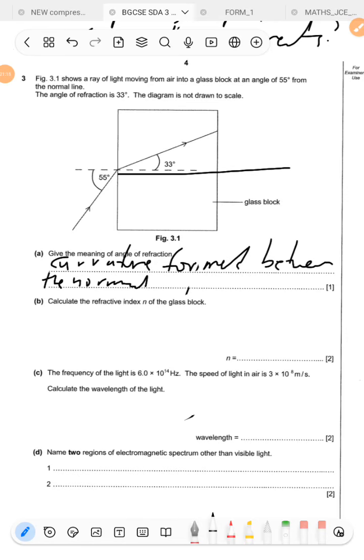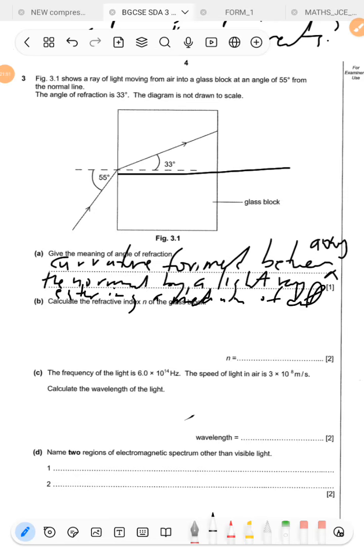So is the curvature formed away from the normal by a light ray entering a medium of different refractive index, okay.